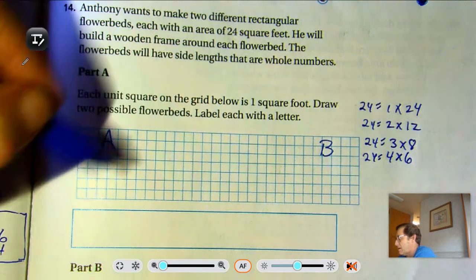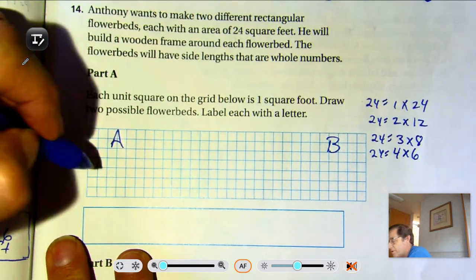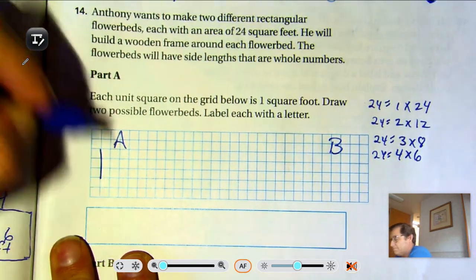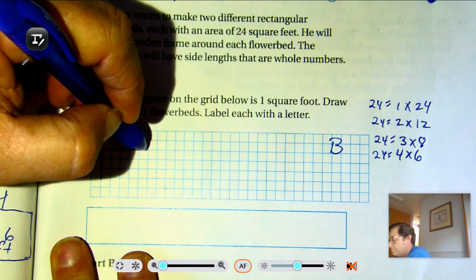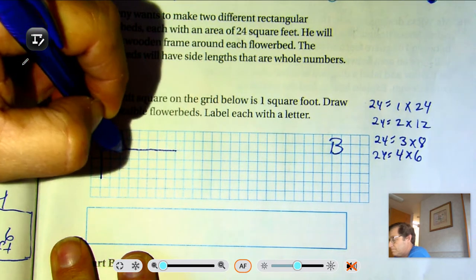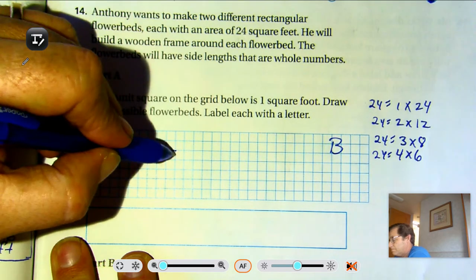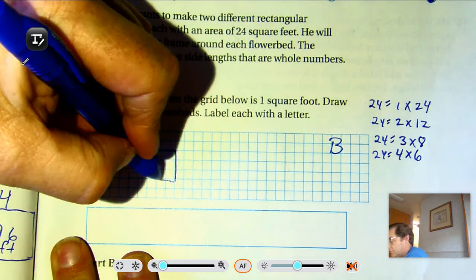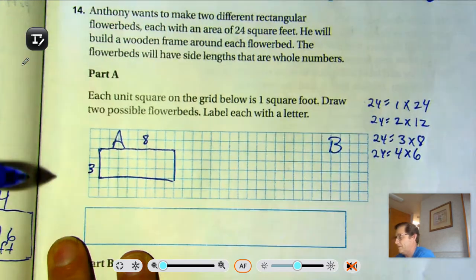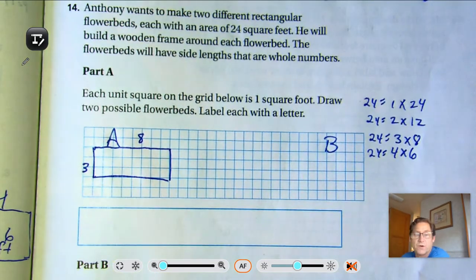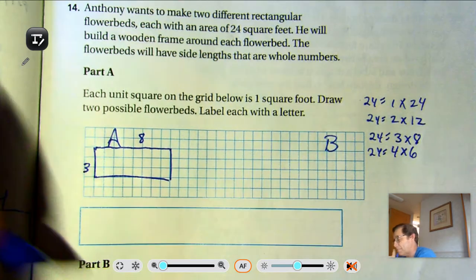All right, so I'm going to choose 3 by 8 for the first one. And I just double check my numbers to make sure I do have a 3 by 8. Okay, so that's 24 square feet.